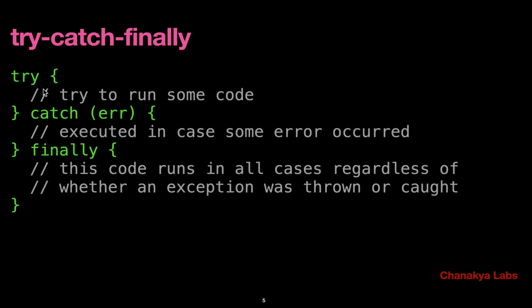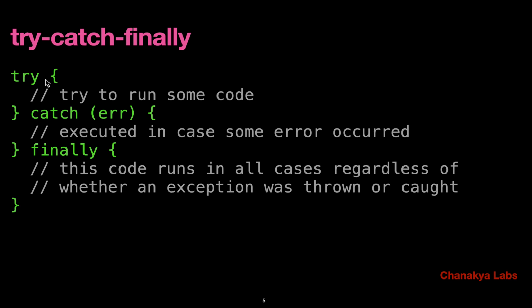Now there's this second thing called try catch finally. If you try to run some code and you got some error, then that is fine. But what if you wanted to run some code in all cases, regardless of whether the exception is there or not? Then you understand what the problem is. If you don't write finally, and just write some piece of code after, then that code is not guaranteed to run.